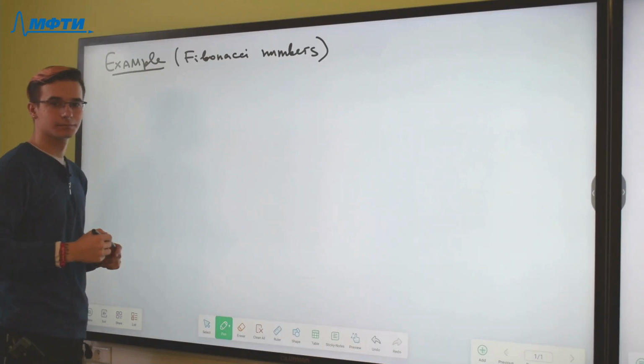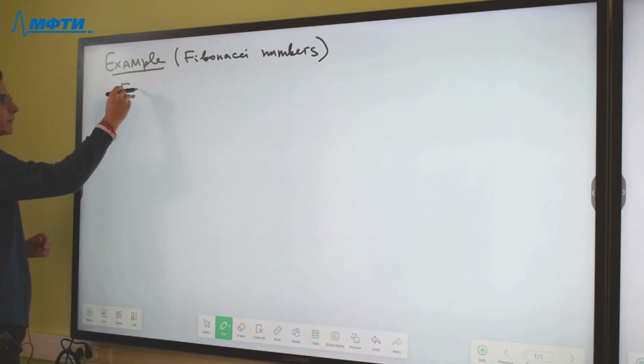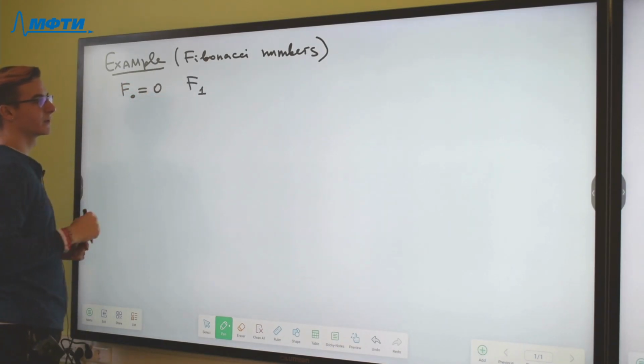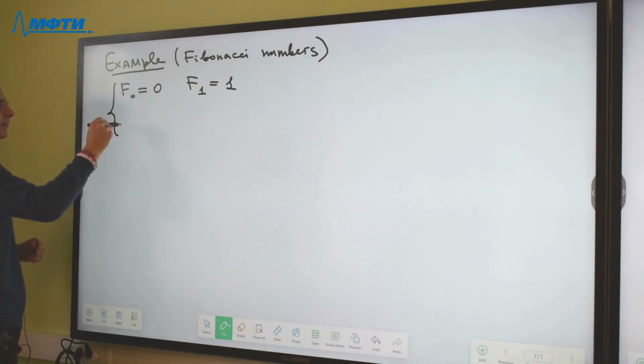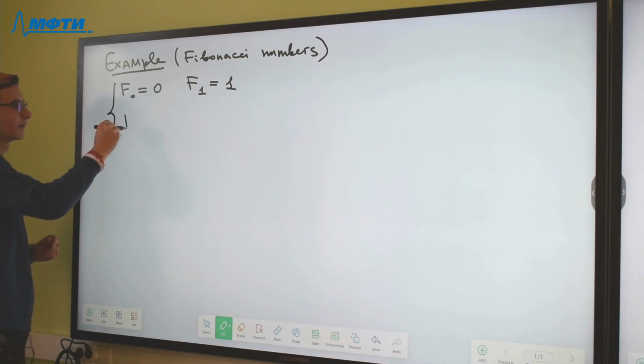You know that f0 is equal to 0, f with index 1 is equal to 1. And we have a recurrence formula for them.